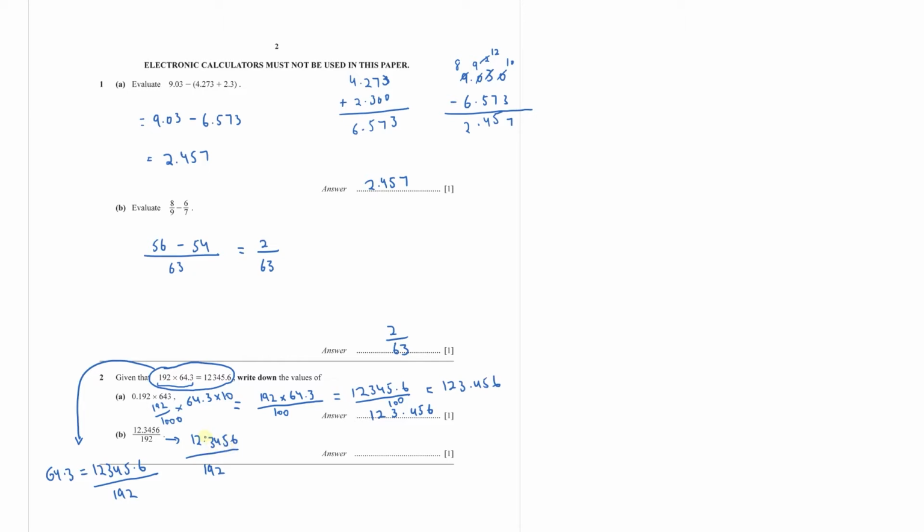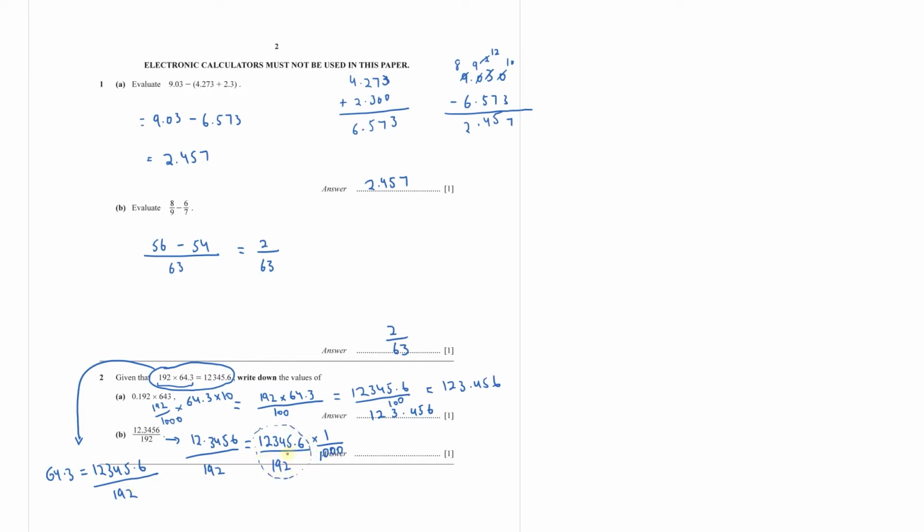So that means I need to move this decimal 1, 2, 3 places to the right to make it equivalent to this. If I move the decimal 3 places to the right, I get 12,345.6 divided by 192. But since I moved the decimal 3 places to the right, I have to divide by 1000. So this is 1 over 1000 here. Now I can substitute the value of this.